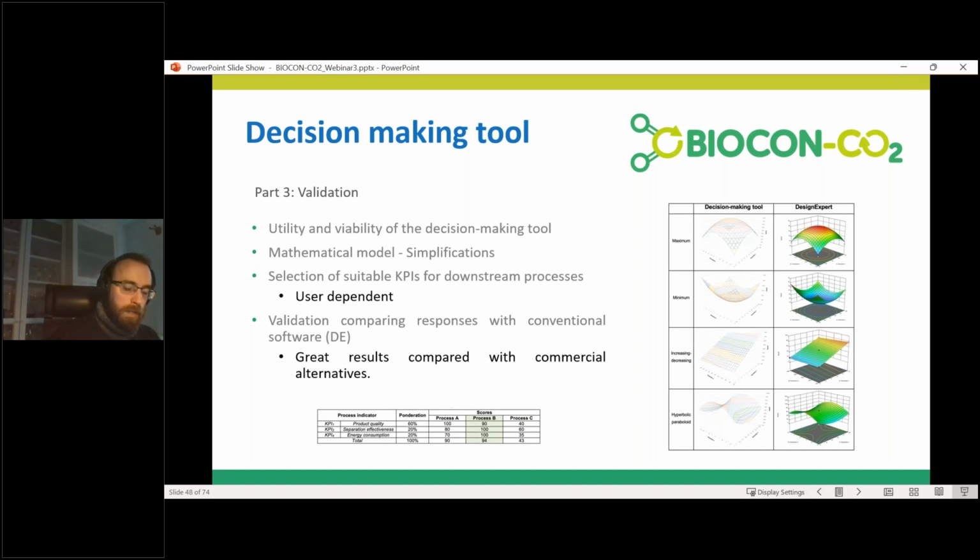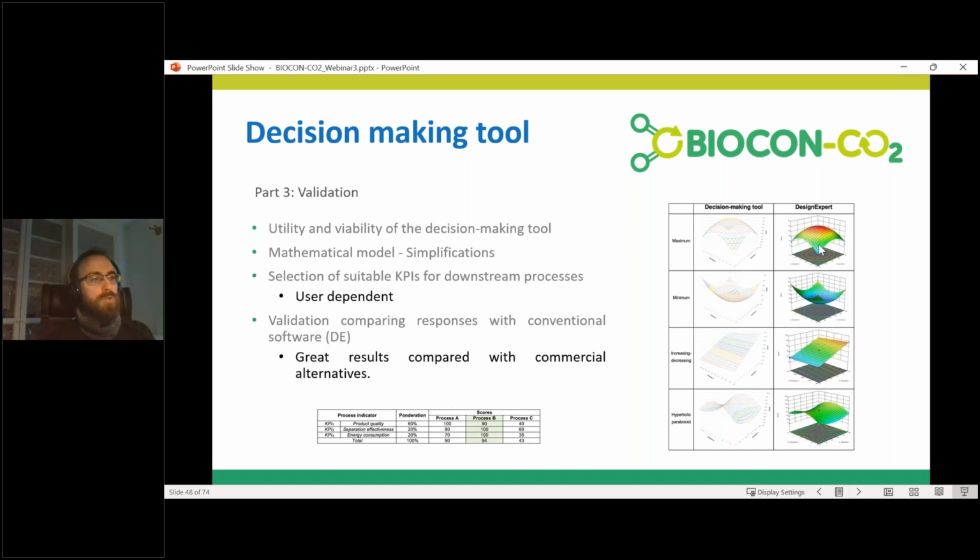And at the end, the software is sensitive on the KPIs that the user introduces. So if you introduce a KPI that is not sensitive to the variable you are introducing, then you won't get a nice result. And what we did at the end of the process is we took commercial software.